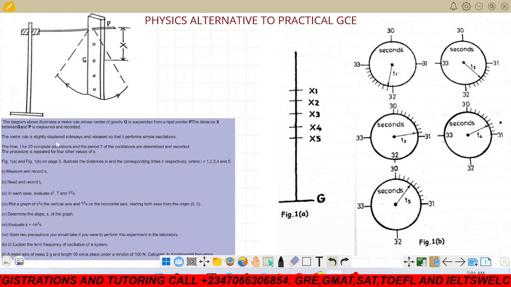The metal rule is slightly displaced sideways, and then released so that it performs simple oscillation. It's like a pendulum bob. You know the type of oscillation you see in this type of experiment. Basically, you call it a to-and-fro motion, simple harmonic motion.